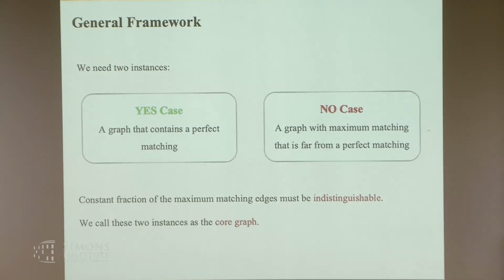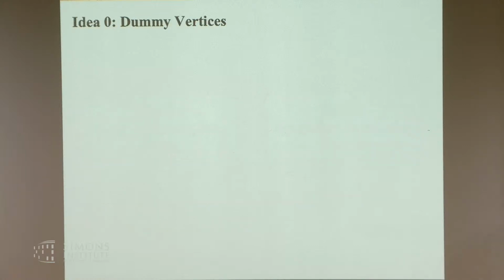I'm going to call these two, the yes case and no case, the core graph, because I'm going to add some more vertices in the next few slides. The first idea, which I call idea 0 because it goes back to the work of Parnas and Ron, is the dummy vertices idea.